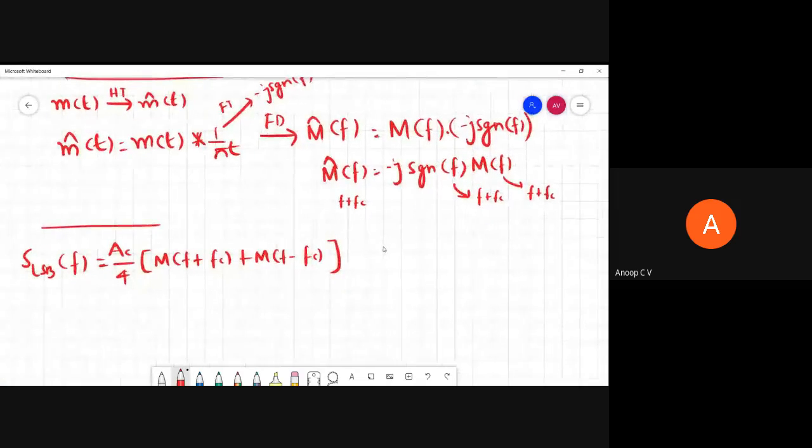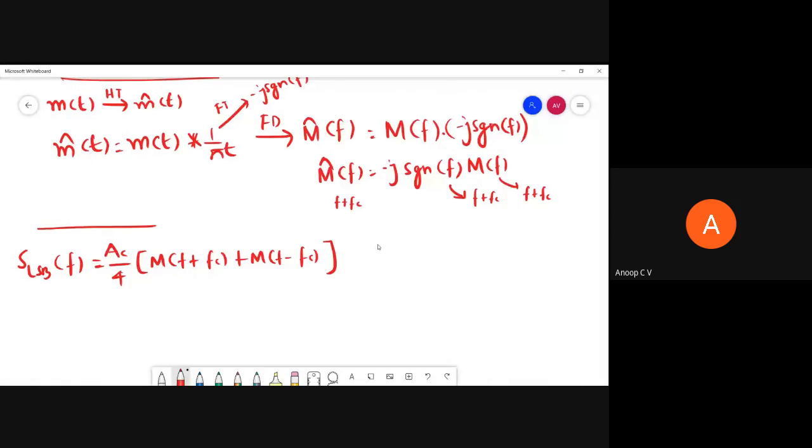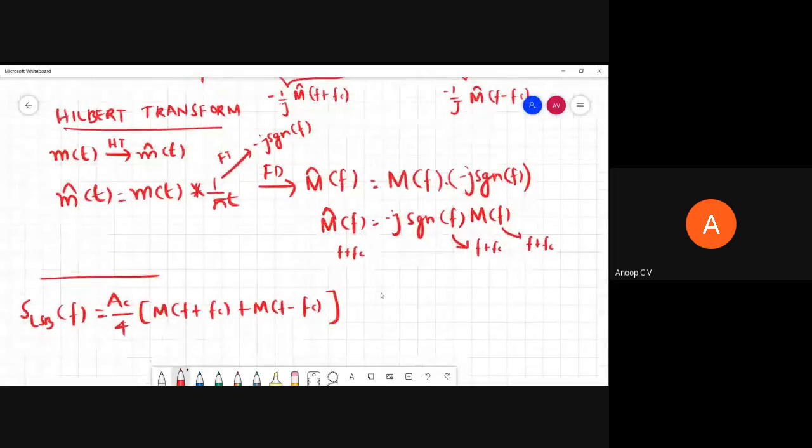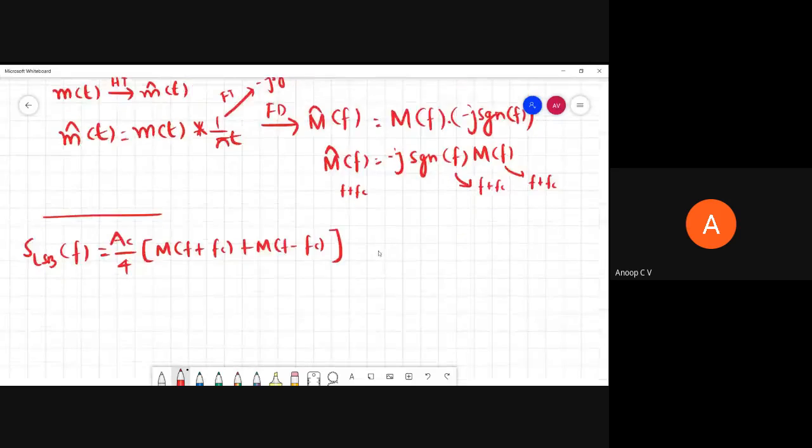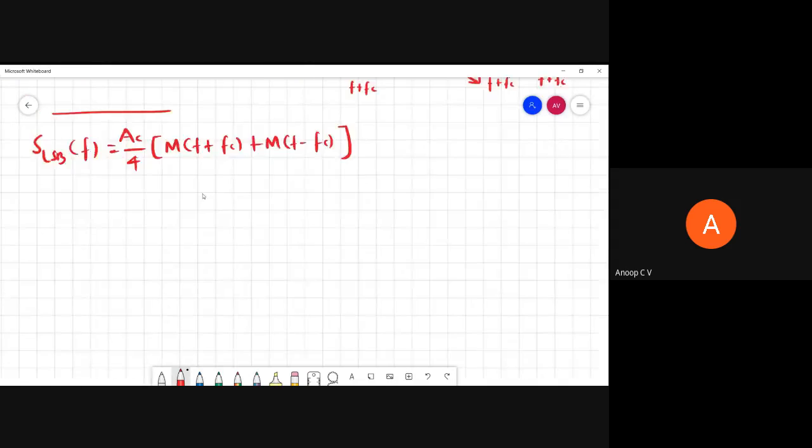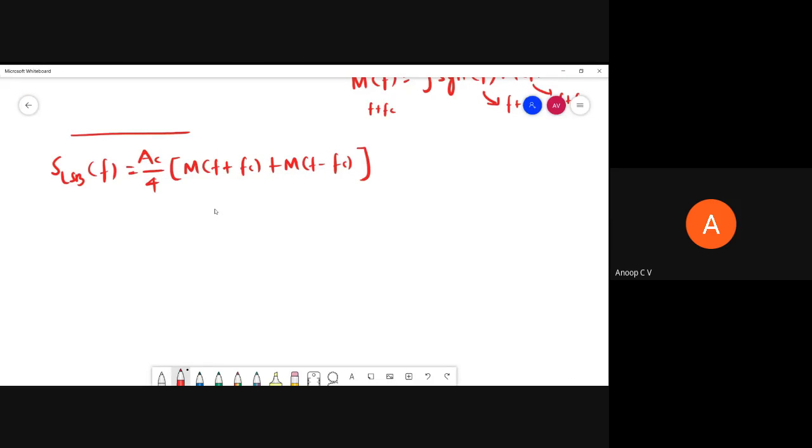That is nothing but minus 1 by j times the Hilbert transform. Is it plus or minus? It's plus. So it's plus AC by 4 times minus 1 by j m cap of f plus fc.